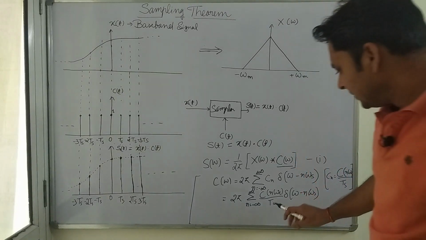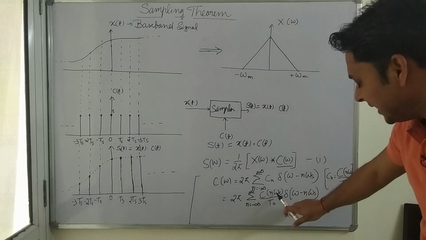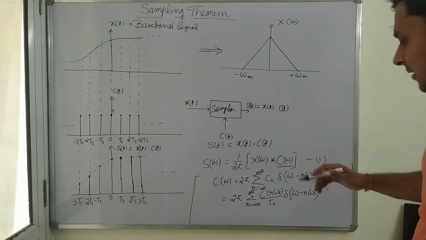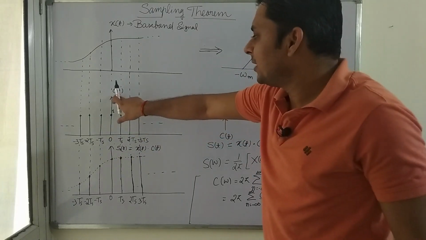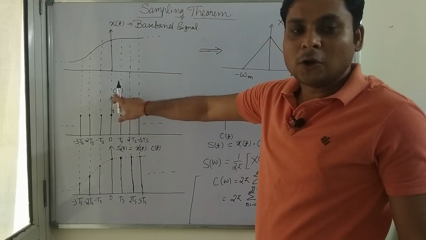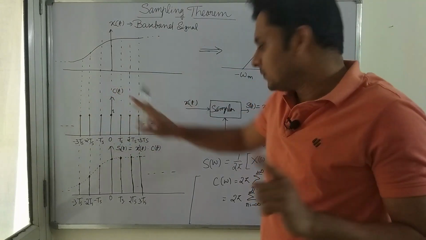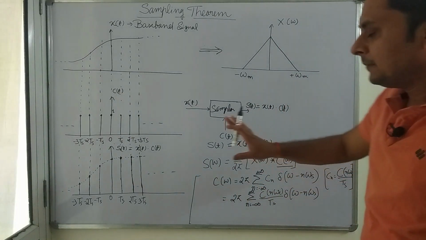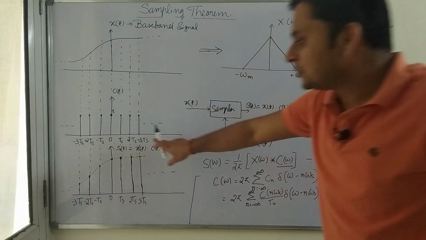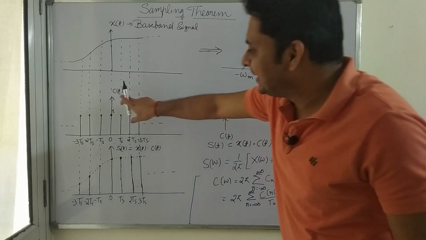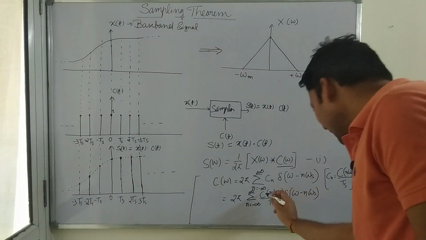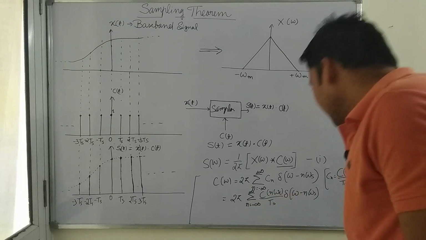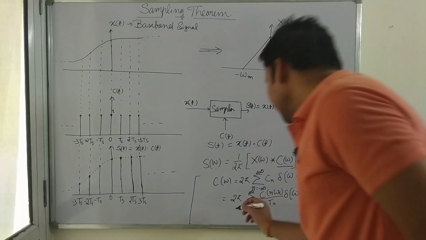Now see the value of c at integer values. What is the value of c? The value of c is 1 for all integer values of t. So at the place of c(n omega s), we can put 1.